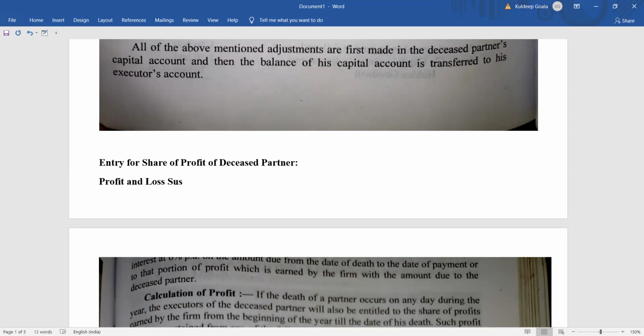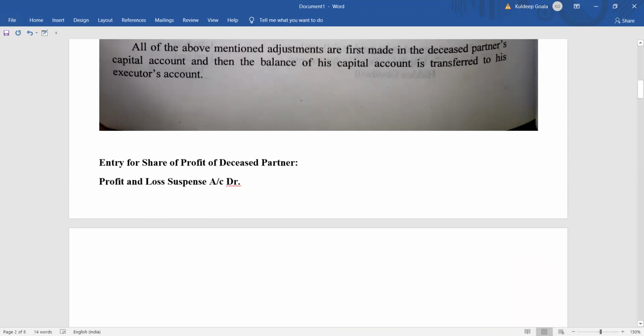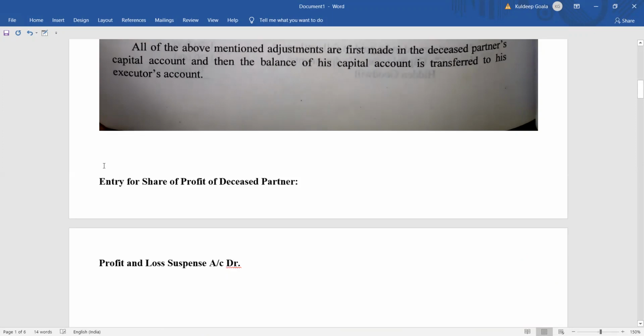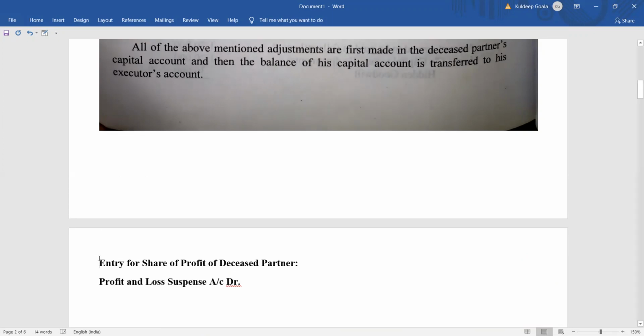Okay, why is it suspense? Because we don't know whether there will be profit or loss in the current year. Because we have taken the base of last year, we don't know whether there will be profit or loss this year, so we are taking it as suspense account, right?